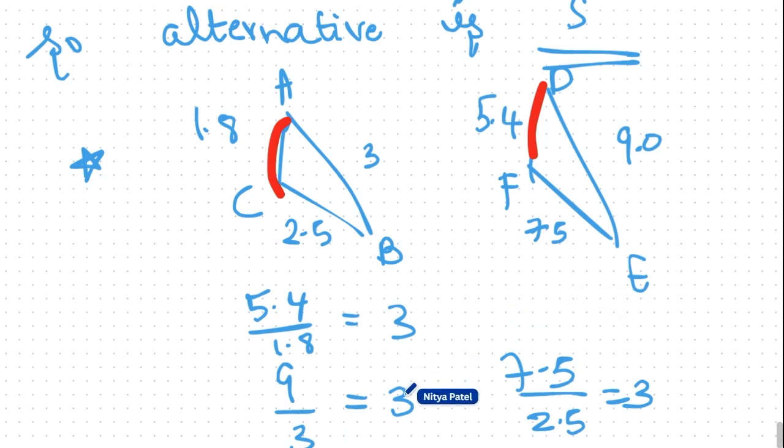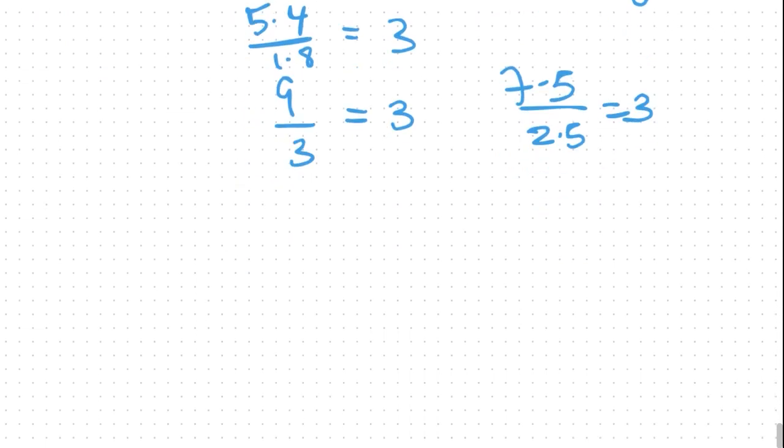So, that is about 7.1. 7.2 is about use similar triangles to solve problems. Okay, what problems?